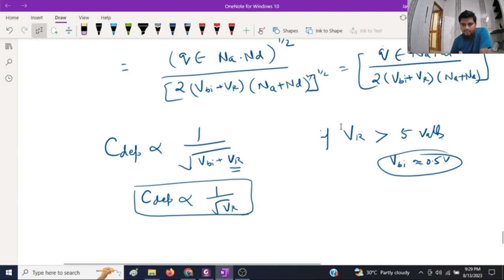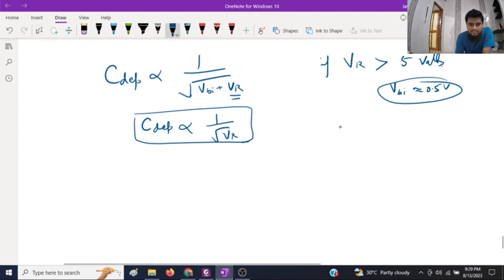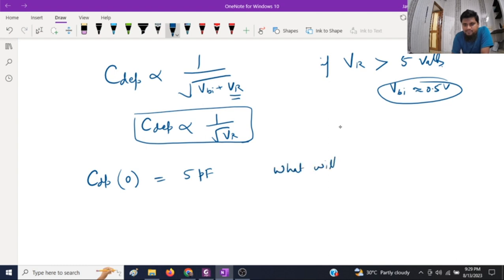Likewise, if you are given a problem where the depletion capacitance C depletion at, let's assume, 0 reverse bias is equal to say 5 picofarad, then what will be the depletion capacitance at Vr equal to, let's say, 5 volts?